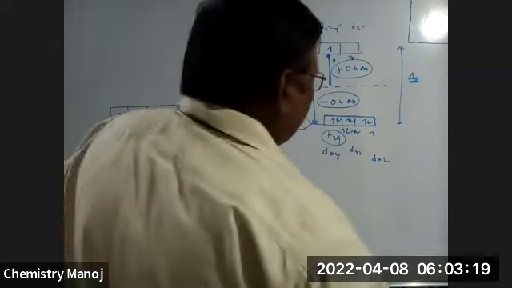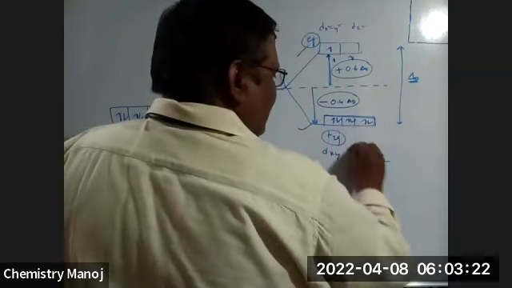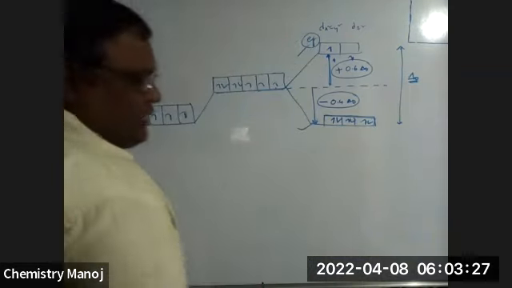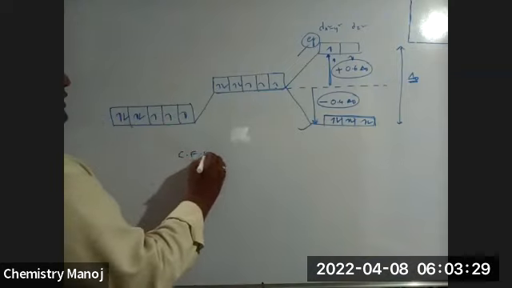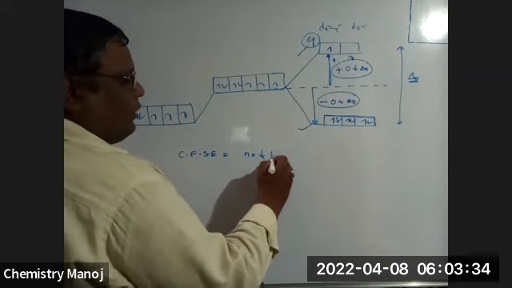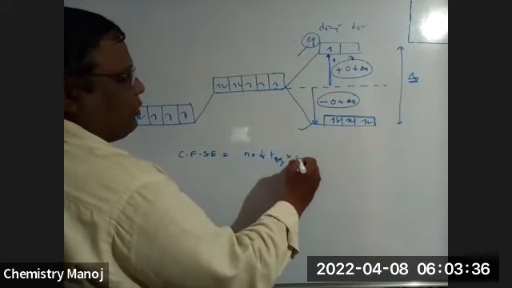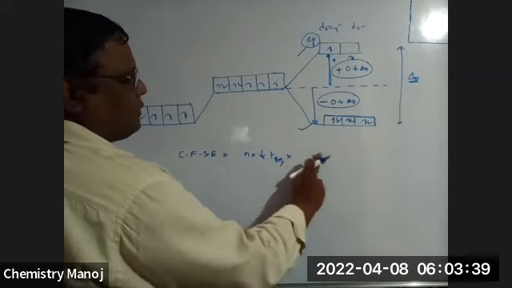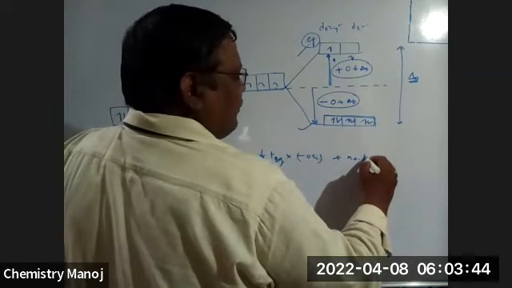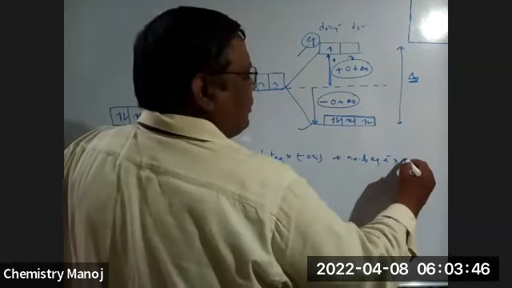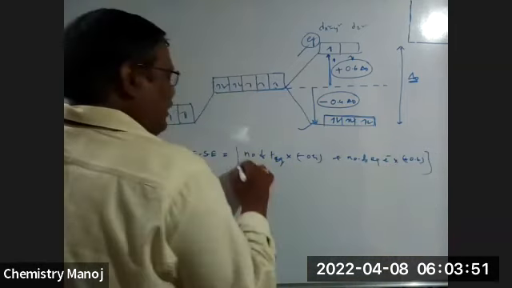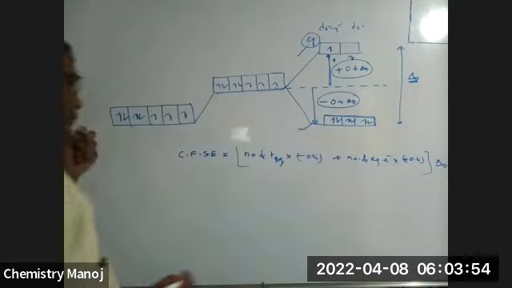Now, if it is a strong ligand, what is the crystal field stabilization energy? Crystal field stabilization energy is equal to the number of T2G electrons into minus 0.4 plus the number of EG electrons into plus 0.6, overall delta naught.